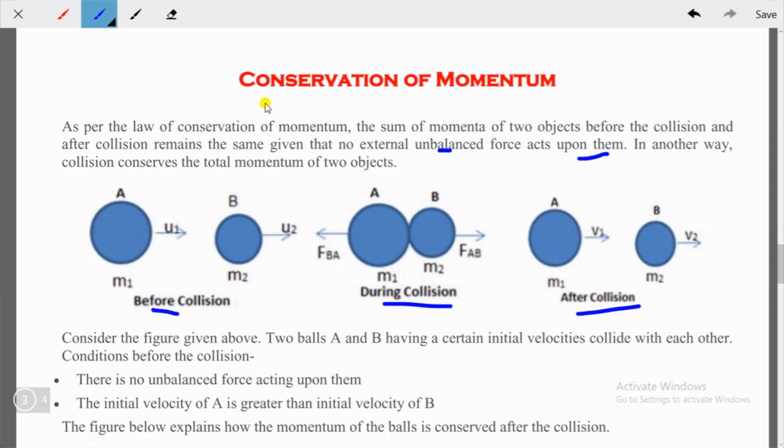If you measure the sum of the momentum before and after collision, you will find both are the same. The condition is that no external unbalanced force acts upon them. So we'll understand it from this experiment.